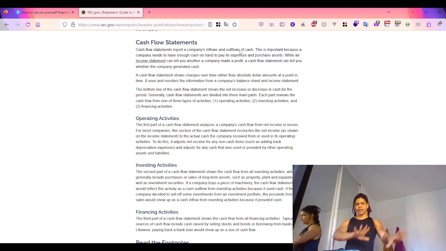So then I look at the most common operating liabilities, like accounts payable, money that a company owes to its vendors and suppliers, usually something around 30 to 60 days, for things like raw materials, office supplies, service.